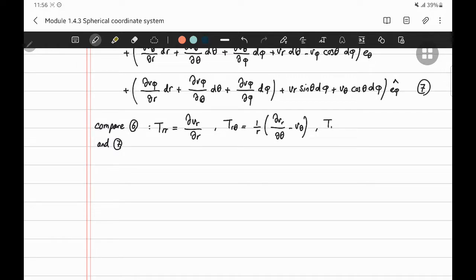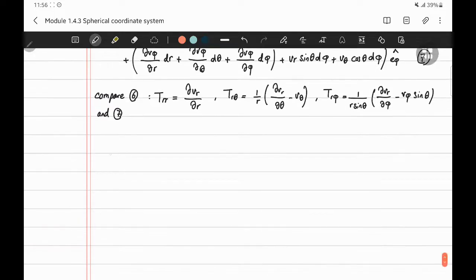And finally T_r phi is equal to 1 divided by r sine theta times the partial derivative of v_r with respect to phi minus v_phi sine theta.